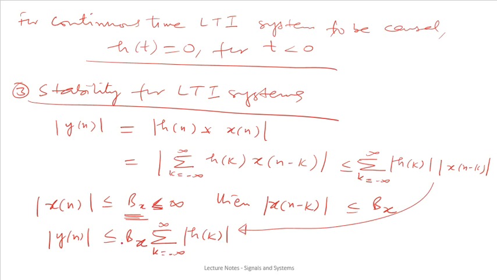So from this equation what you conclude is that if the impulse response is absolutely summable, that is, this h[k] is absolutely summable, that means the summation of the magnitude of the impulse response is less than infinity, then y[n] is bounded in magnitude and hence the system is stable.